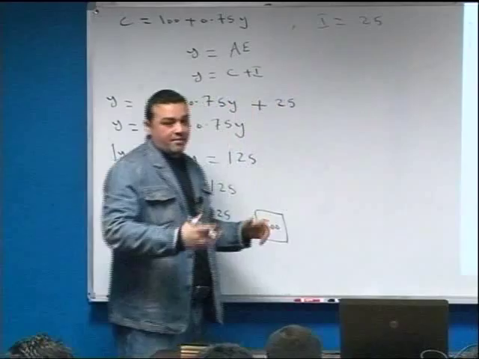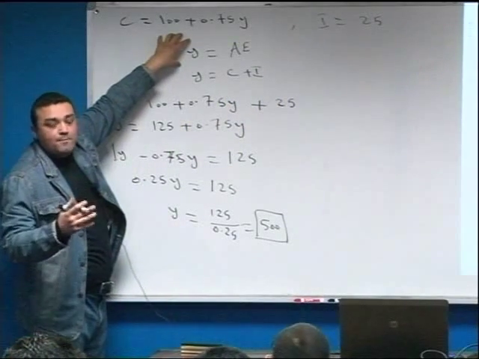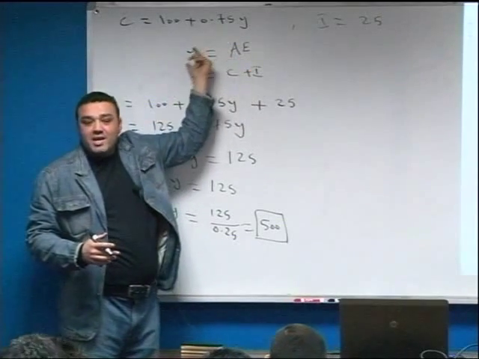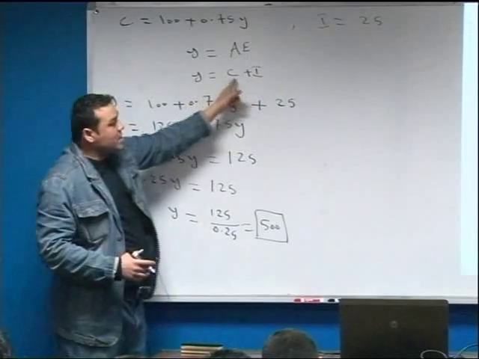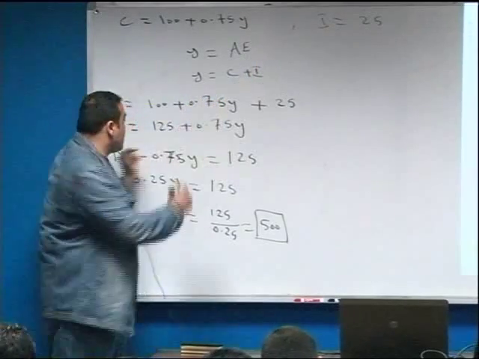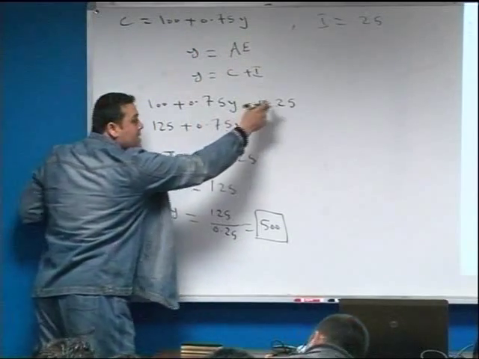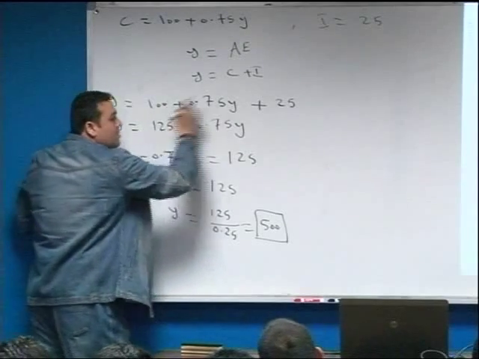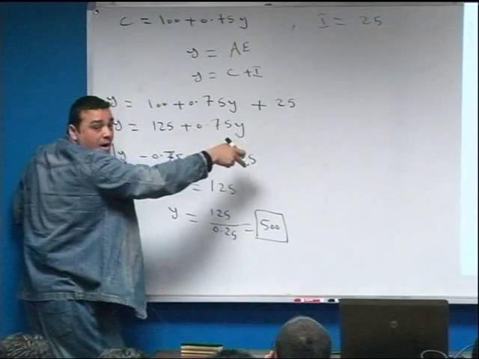In the formula, equilibrium occurs when y equals aggregate expenditure, or aggregate supply equals aggregate demand. So y equals C plus I. C is 100 plus 0.75y, plus I, which is 25. So y equals 125 plus 0.75y.